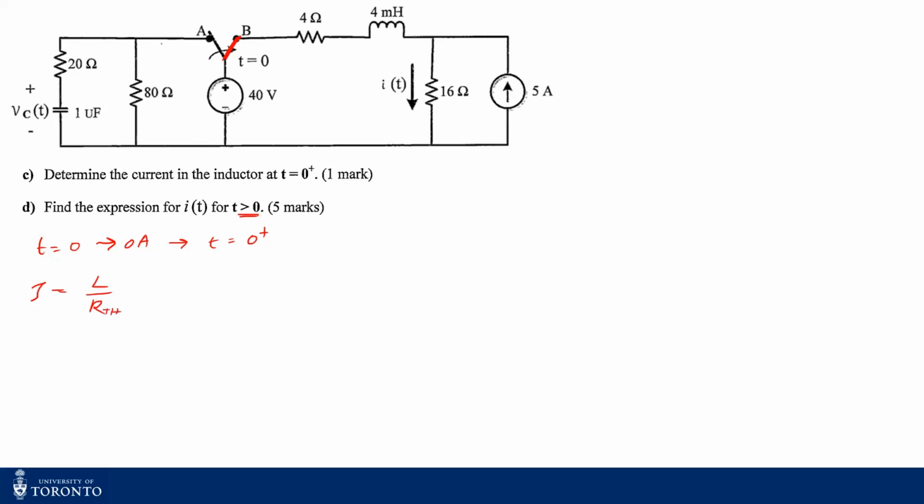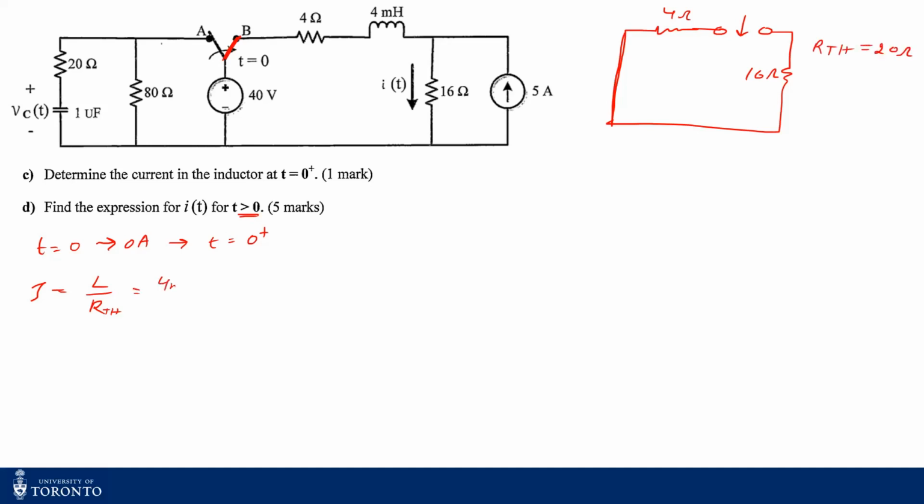Now we know our L, and what's my R Thevenin? For R Thevenin, I assume my voltage source to be short and my current source to be open. So this is my inductor. You see, R Thevenin is just 4 ohms plus 16 ohms, so that's 20 ohms.